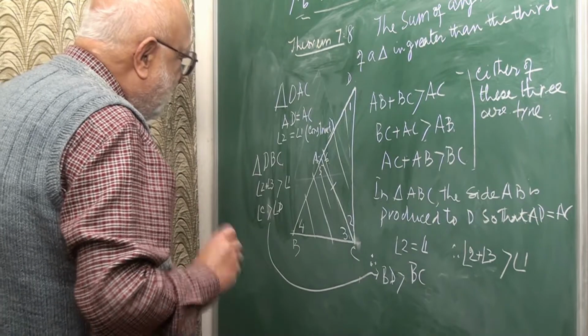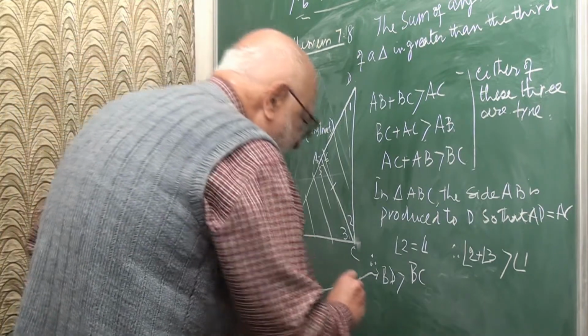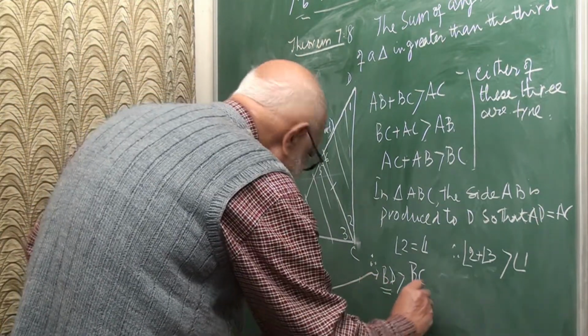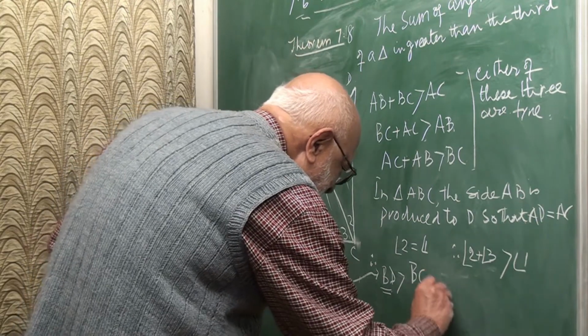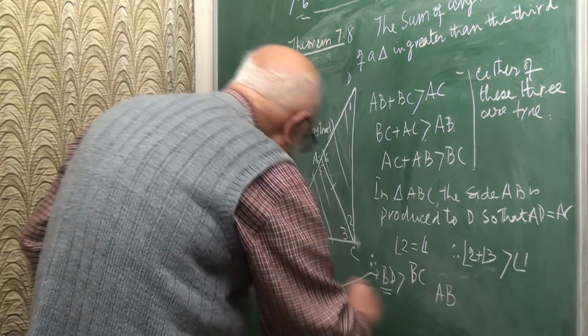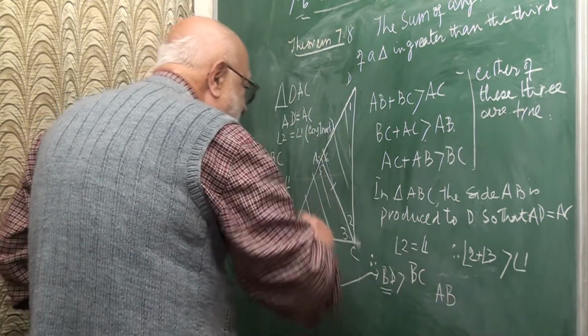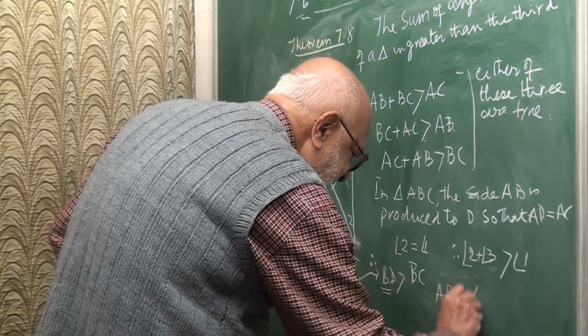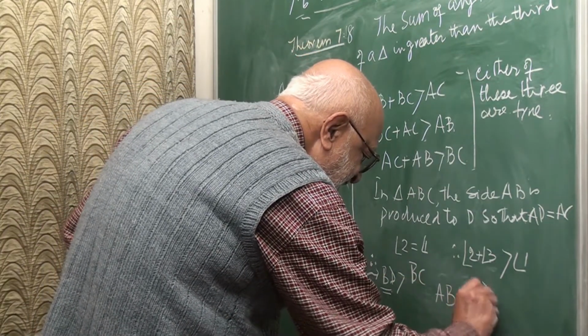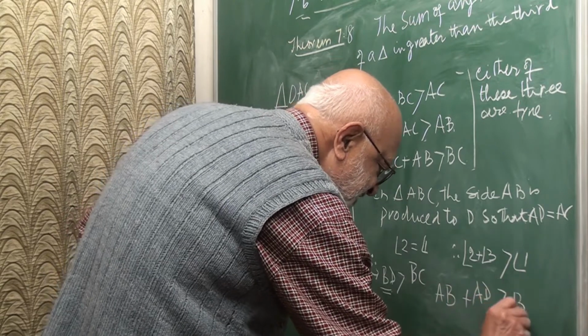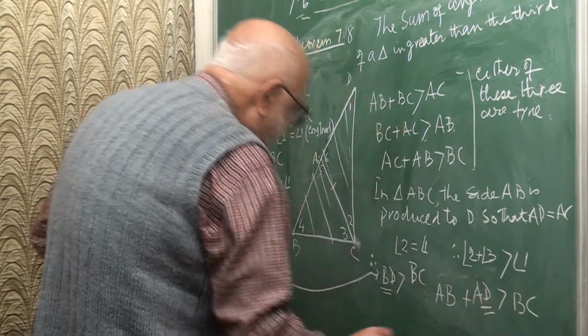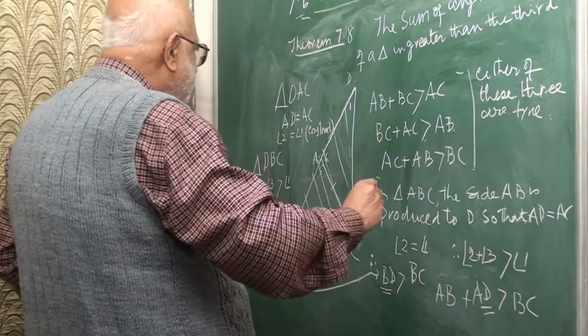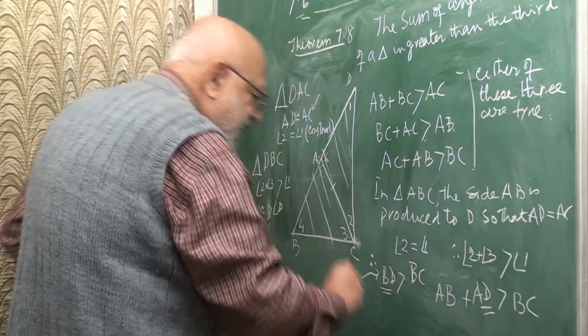Now what is BD? BD is AB plus AD, and that is greater than BC. Now what is AD? As given, AD is equal to AC.